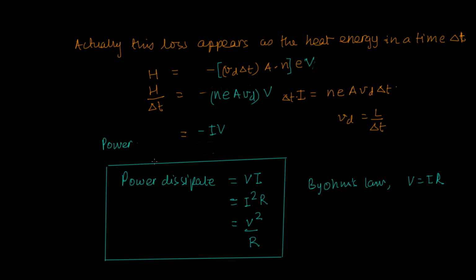It is the number density which is affecting this. Number of electrons per unit volume is the number density, that is n, small n. Here the small n is nothing but number of electrons per unit volume. That is why when we multiply by the volume, it became the number. It's not the total number.